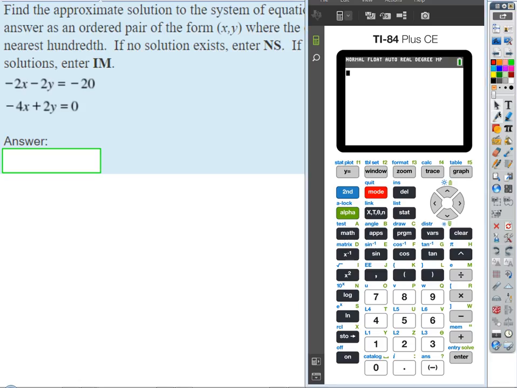Let's look at what the steps would be if I wanted to solve for y in that top equation. What would the steps be in order that I'd have to do? What's the first thing I do? There's my original equation.